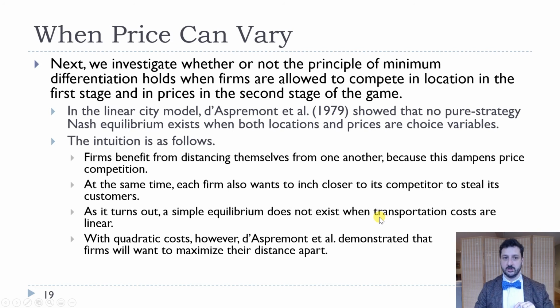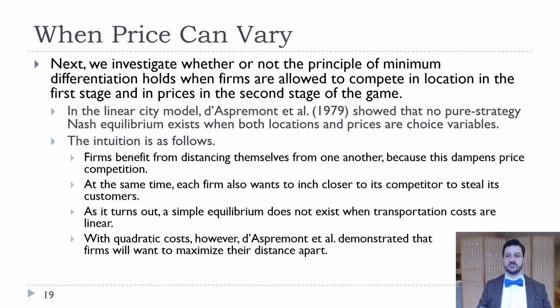transportation costs are linear. So the idea is that firms benefit from distancing themselves from one another because that dampens price competition, but they also want to inch closer to customers to steal the customers from the competitors. So d'Aspremont showed that if you have quadratic costs, so costs are actually convex and increasing, they'll want to maximize their distance apart, and so they will choose location 0 and 1.